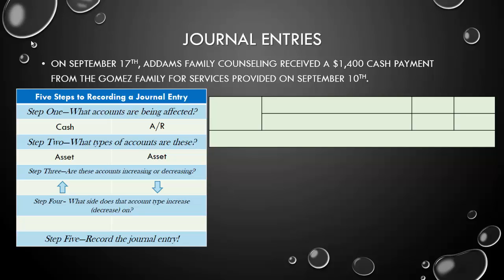What side do these accounts increase or decrease on? They're both assets. Assets go up with a debit, down with a credit. So the entry on September 17th is to debit cash for $1,400 and credit accounts receivable for $1,400, and we receive payment from the Gomez family for prior services.